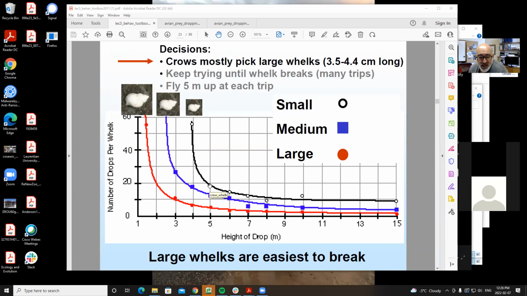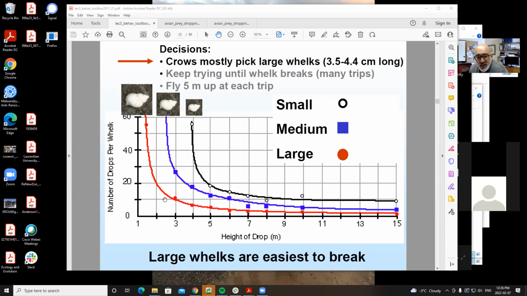It takes more energy in some ways. I'll get to that a bit more in a second, but you can see that they have to fly at a higher height to drop the larger, I'm sorry, large is in red. My mistake, sorry. Large is in red here.